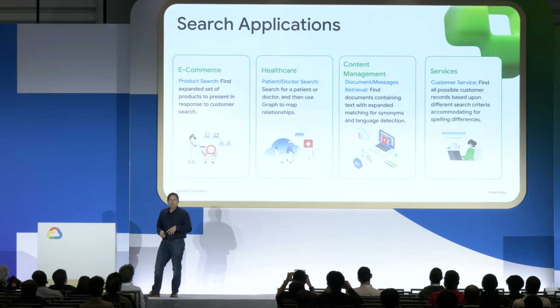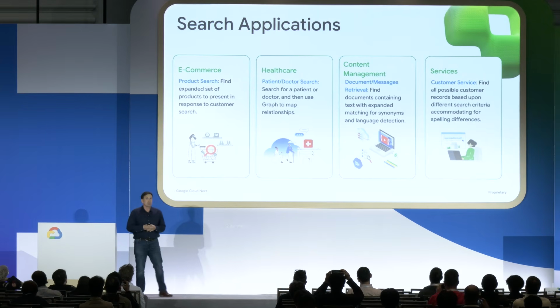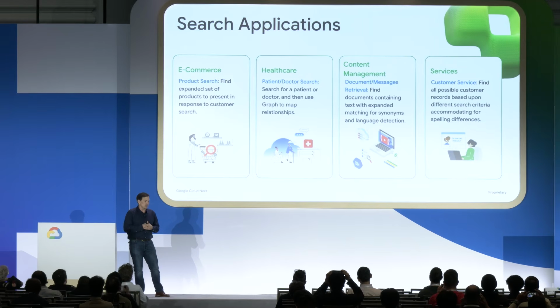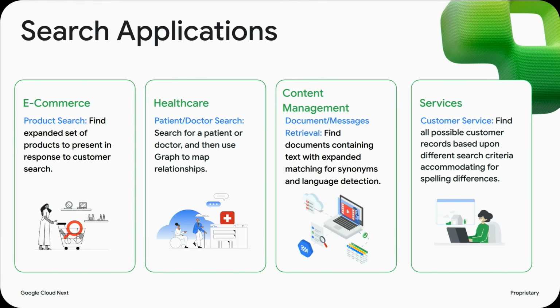Now I'm going to talk about some typical search applications that people would develop and run on Spanner. First would be e-commerce. Think about a product database where you're storing all your product info and you need to search it.